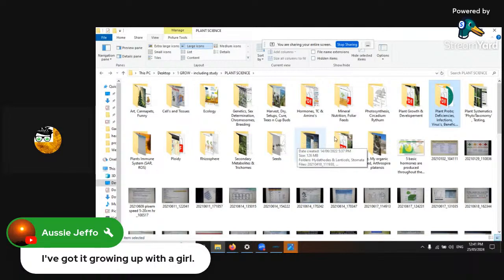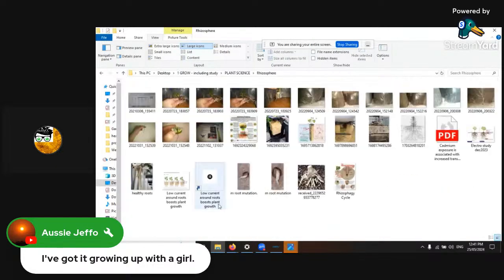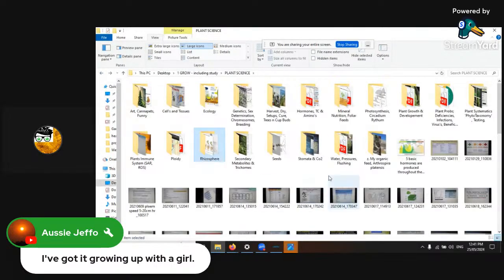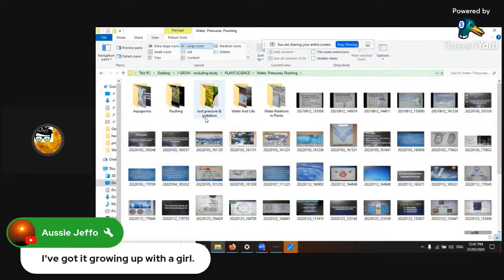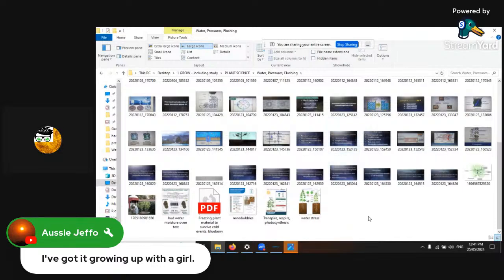Plant problems, it's not there. Rhizosphere. It's in the rhizosphere. No. Wow. Not very organised today. Water flushes, pressure, water. It's to do with water. Flushing, root precipitation. It's to do with water. Please be here. It's not here.